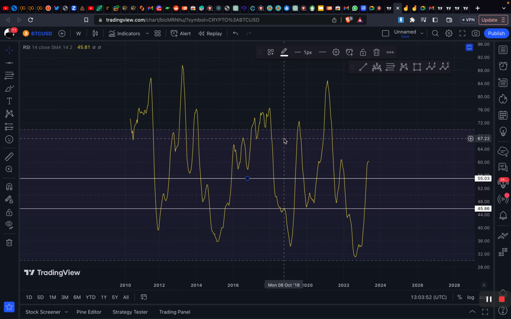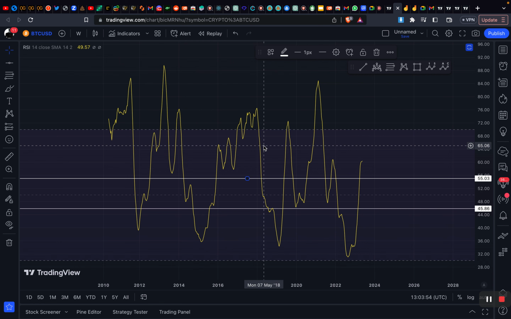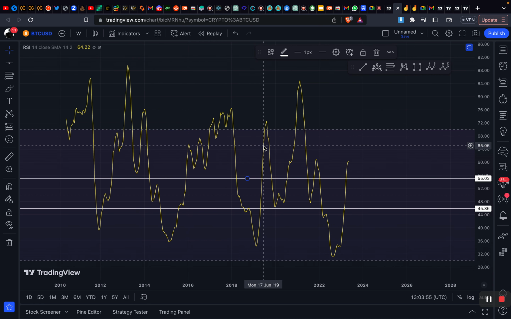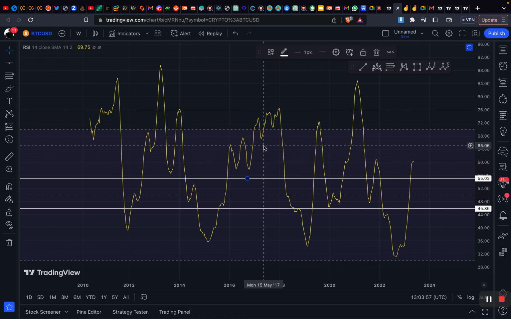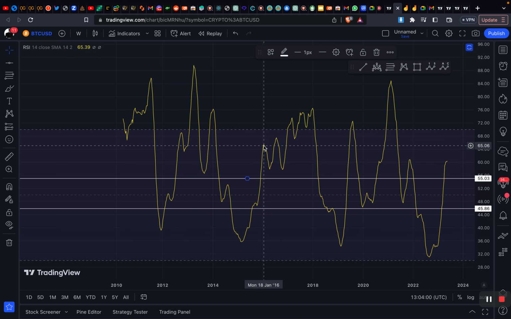Now, whenever a market is overbought, it means there is already too much demand for that particular market. In market cycles, when the market is overbought, as people are buying, the market will definitely correct itself. You can see that when this market went up, it came down.